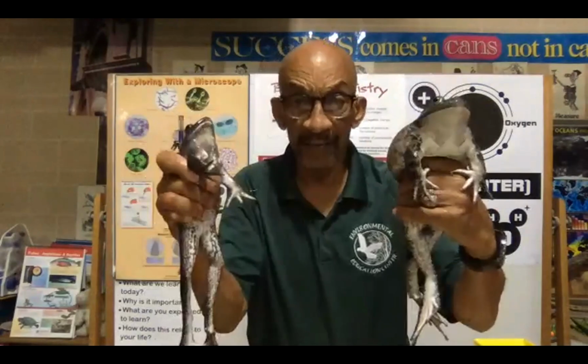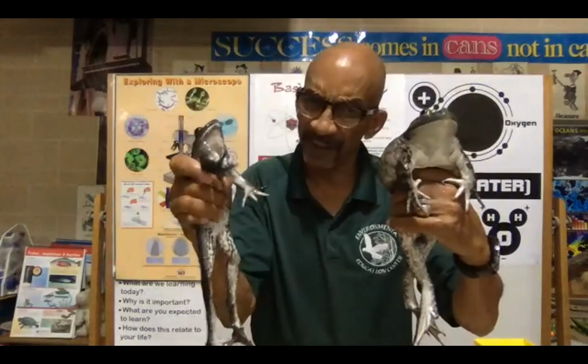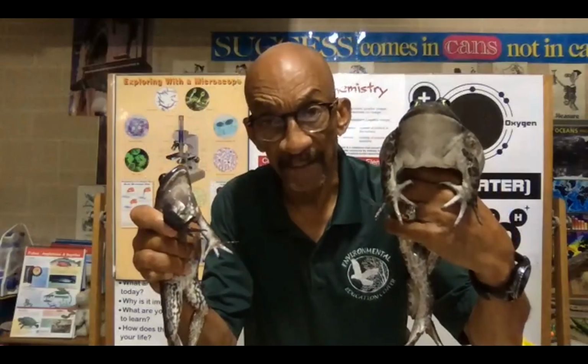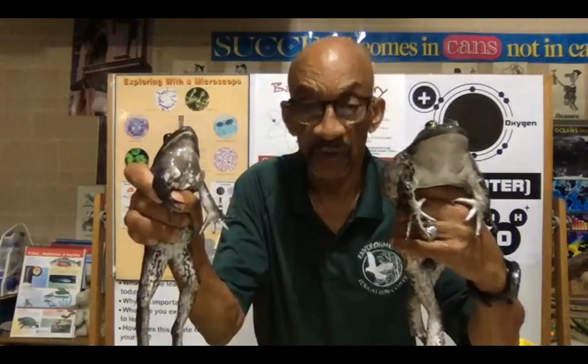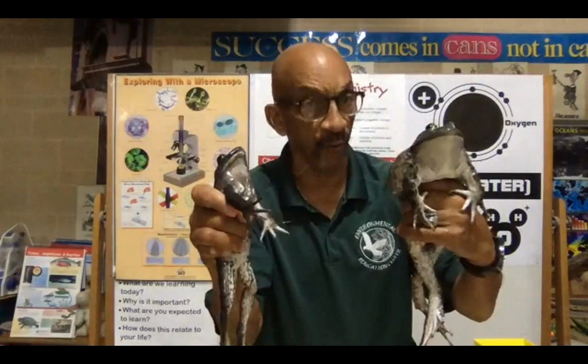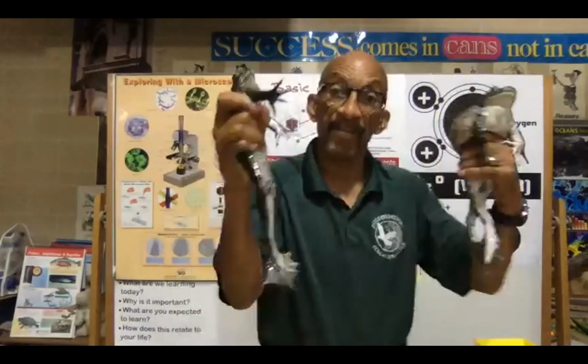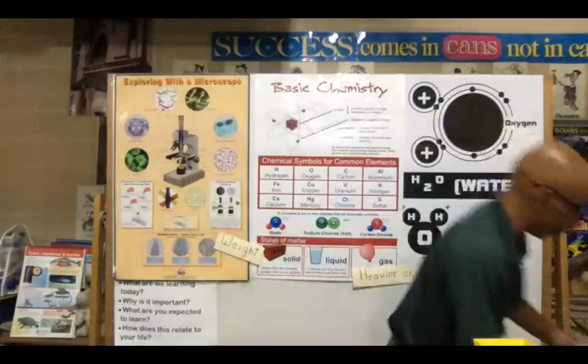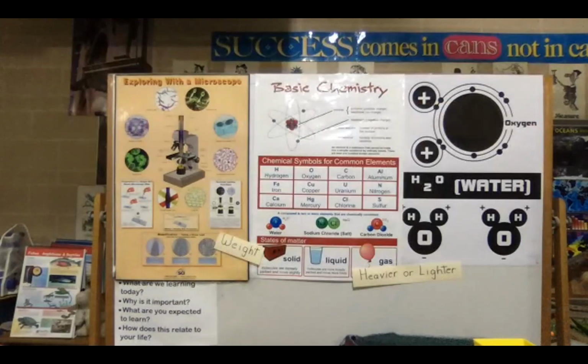But looking at these, and if you were able to hold these guys, you would be able to figure out that Hoppy Sr. is a lot bigger and heavier than Hoppy Jr. So most of the time, it is true, the larger object is going to weigh more than the smaller object. But that doesn't always happen to be true, as we have proven. I'm going to put these guys up.